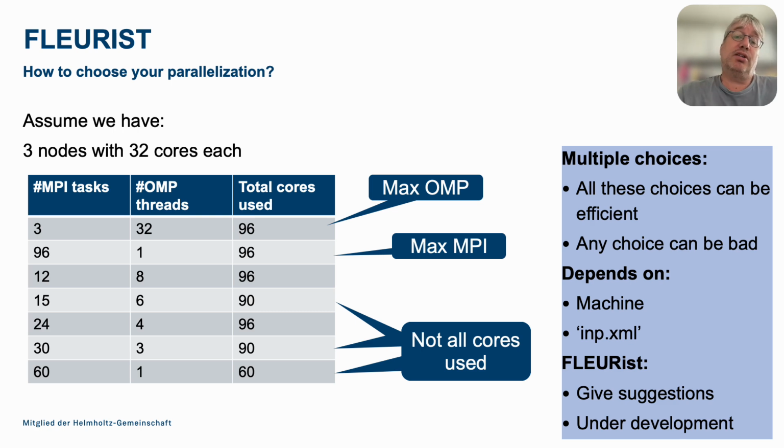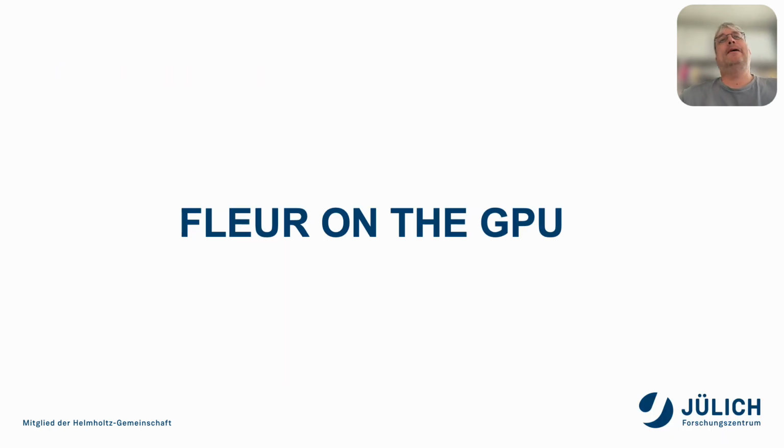We are currently working on a tool called FLEURist, which is supposed to examine your inp.xml and give you suggestions. And you're very welcome to try that out. It's a tool under development. We also have already a small tutorial on how this is supposed to be used.